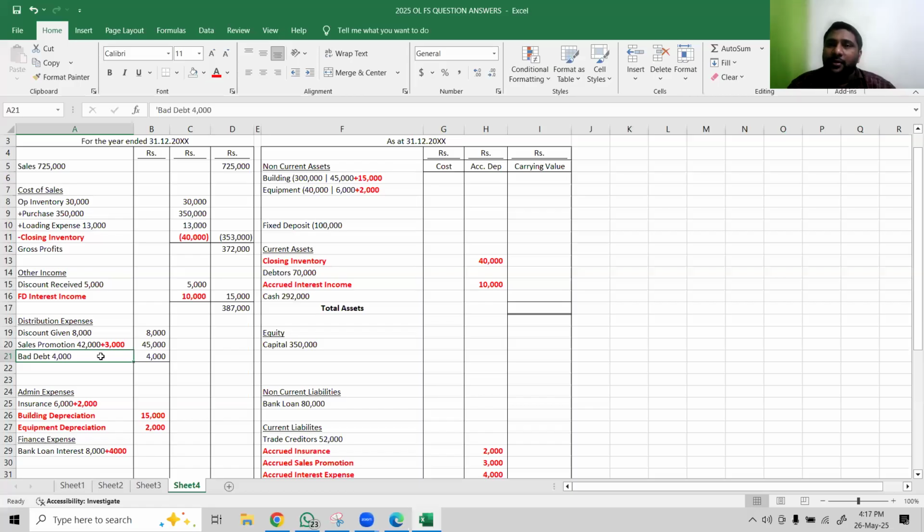That value is already recorded, so don't record it again or make any adjustments. Adjustments in two places you have to do only for the additional information and the hidden adjustments.